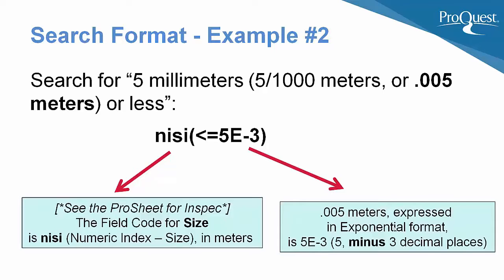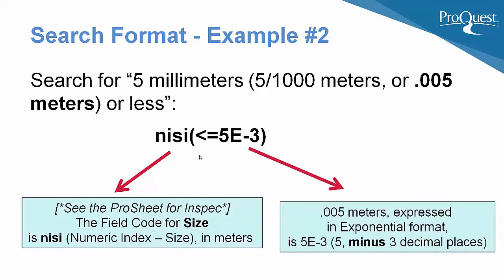The answer is that you use negative numbers. So in this example, if we're searching for 5 millimeters, that is 5 1,000ths of a meter, which you would write out as 0.005. So that would be the number 5 with the decimal point moved 3 places to the left. Therefore, the way you'd format it is 5E negative 3.